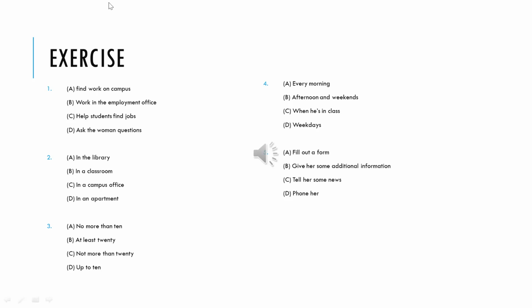How many hours of work does the man want per week? Number 4. When can the man work? Number 5. What does the woman tell the man to do tomorrow?